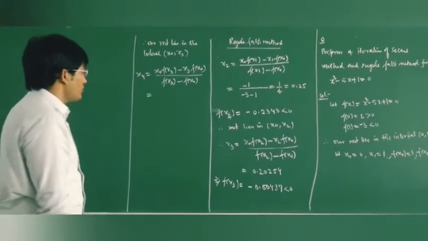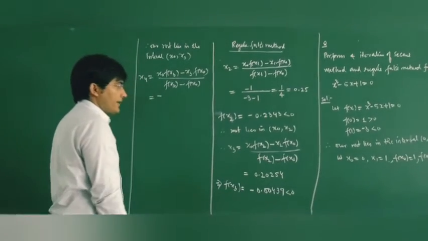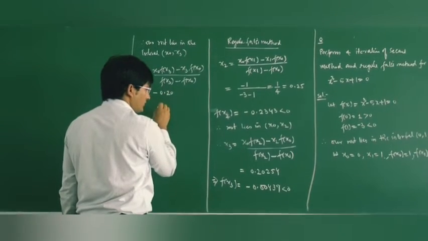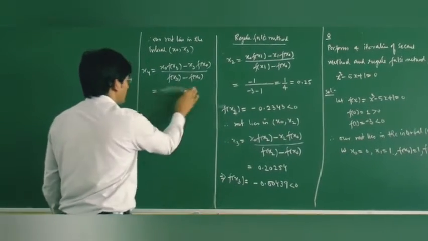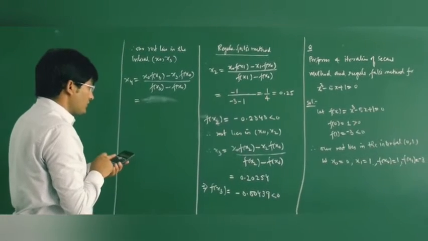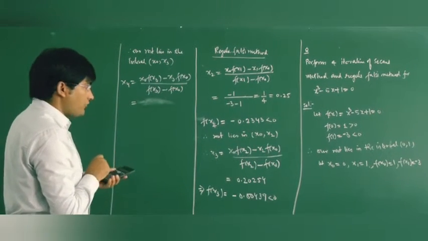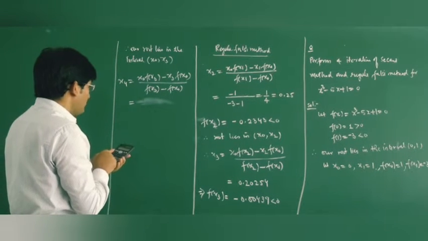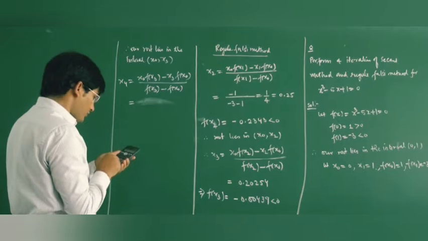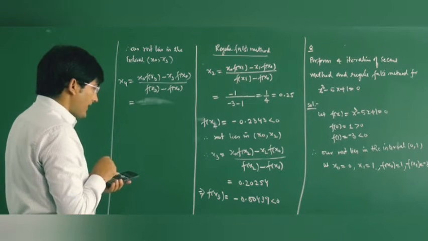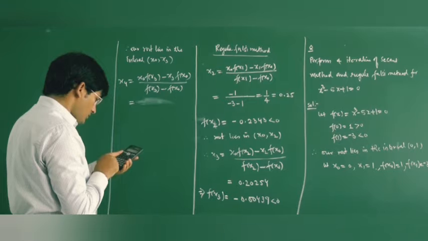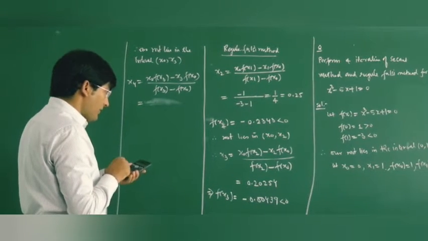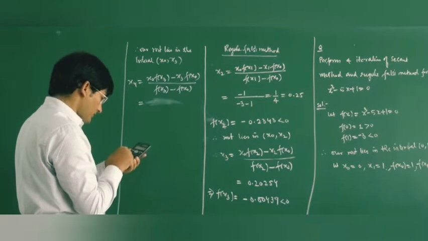Your x0 is 0, so this is equal to minus x3. Your x3 is equal to 0.20254. Let us solve directly. Your f of x0 is 1, so this is equal to minus 0.20254 divided by your f of x3, which is minus 0.00439, minus your f of x0, which is 1.